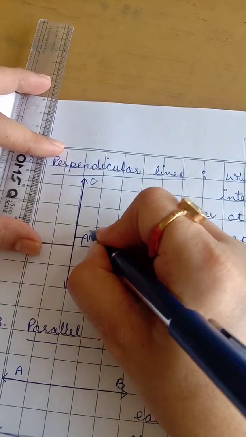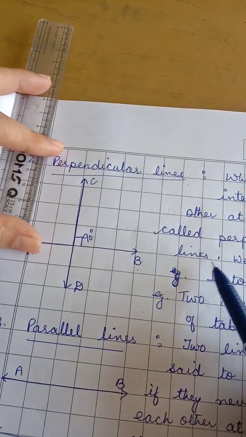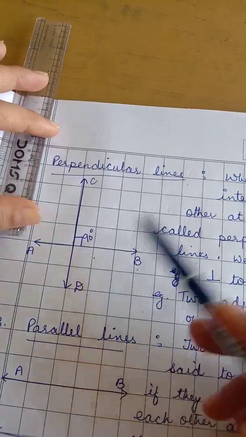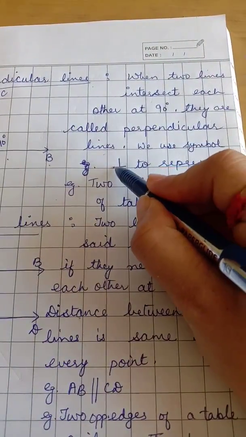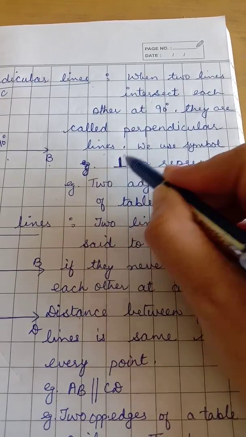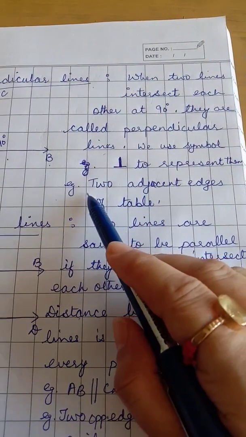This angle is 90 degrees. These are known as perpendicular lines. Which symbol is used to represent perpendicular lines? The inverted T symbol.